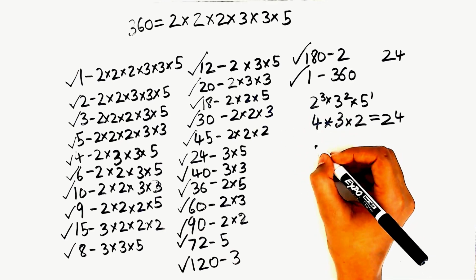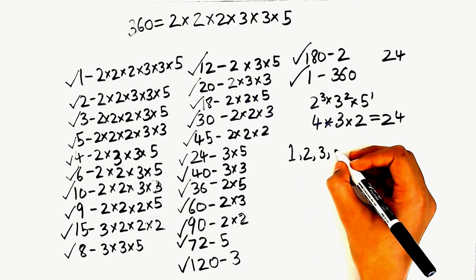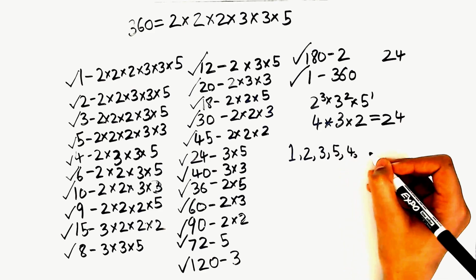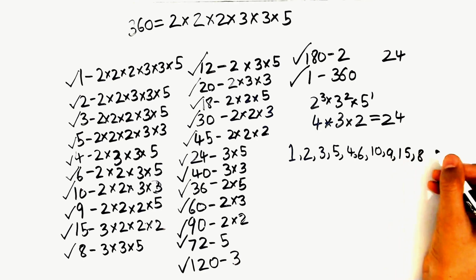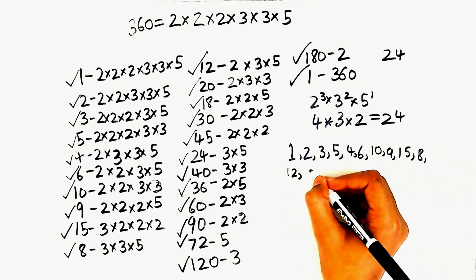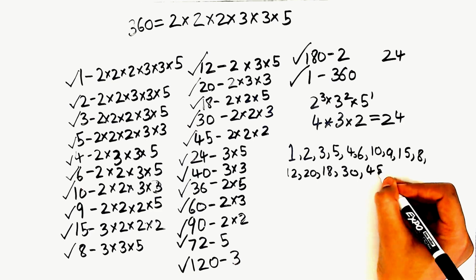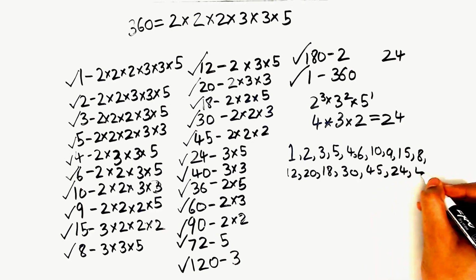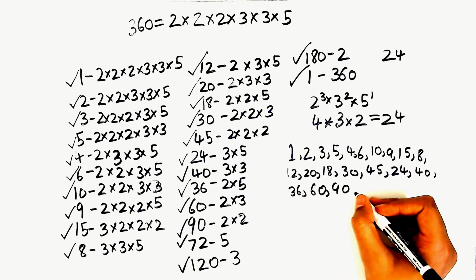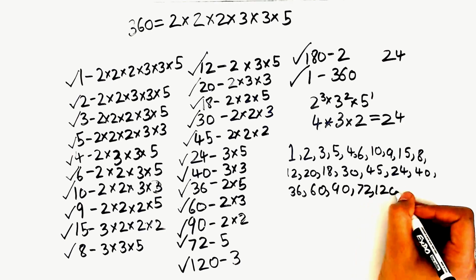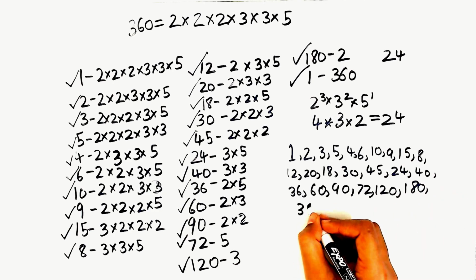So that means the factors of 360 are 1, 2, 3, 5, 4, 6, 10, 9, 15, 8, 12, 20, 18, 30, 45, 24, 40, 36, 60, 90, 72, 120, 180, and 360.